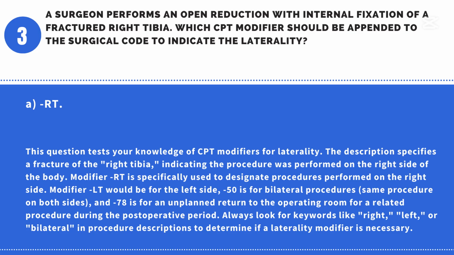Modifier LT would be for the left side, -50 is for bilateral procedures, same procedure on both sides, and -78 is for an unplanned return to the operating room for a related procedure during the postoperative period. Always look for keywords like right, left, or bilateral in procedure descriptions to determine if a laterality modifier is necessary.